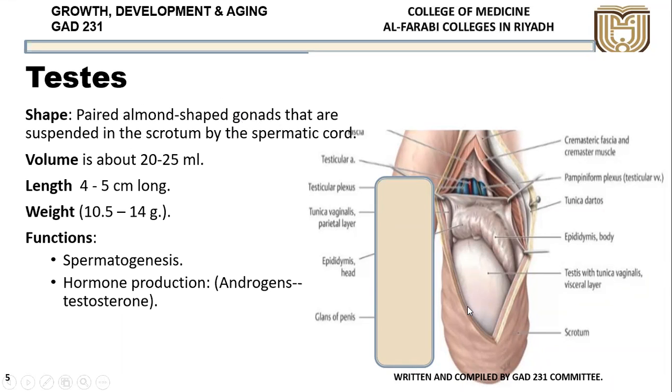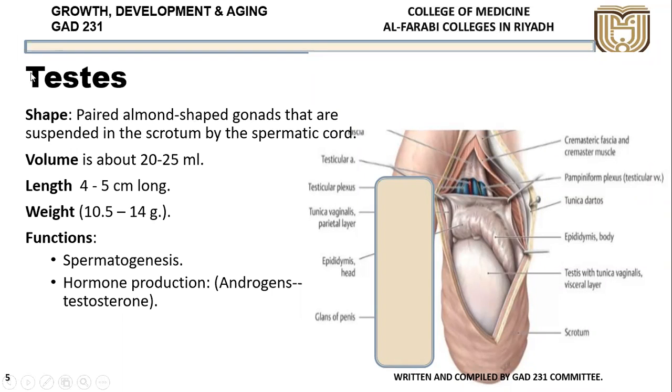These testes are suspended within a skinny bag called the scrotum, and it is suspended from above by the spermatic cord, one of whose contents is the vas deferens, and here you can see the testicular artery, veins, everything.